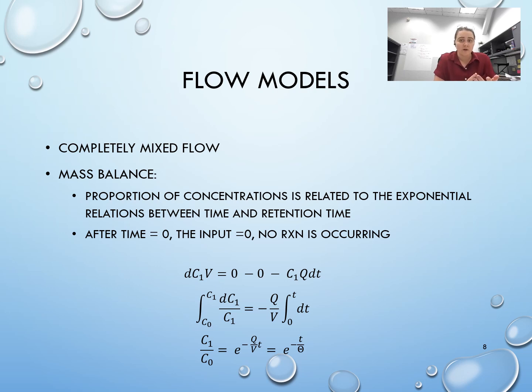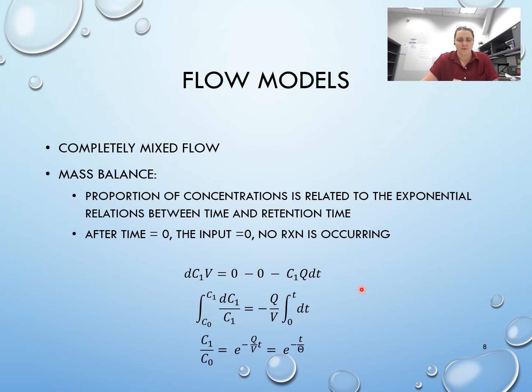We have some kind of output, and we could potentially have some kind of accumulation in the system. So our mass balance comes down to this form: the change in concentration times the volume is equal to a decrease in the concentration times flow rate times the change in time.